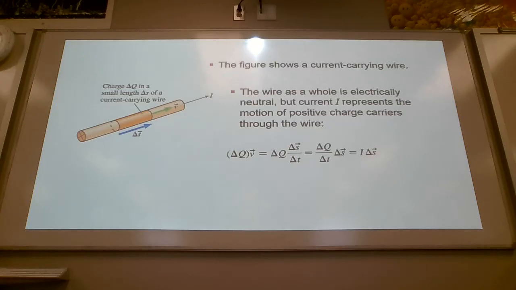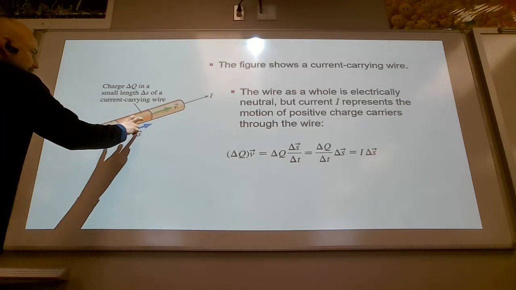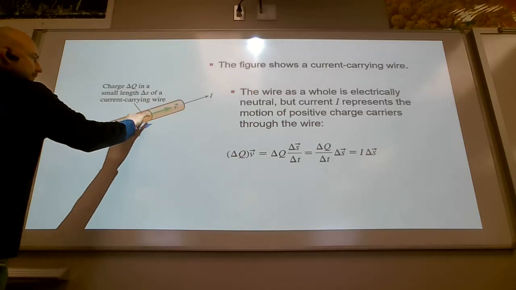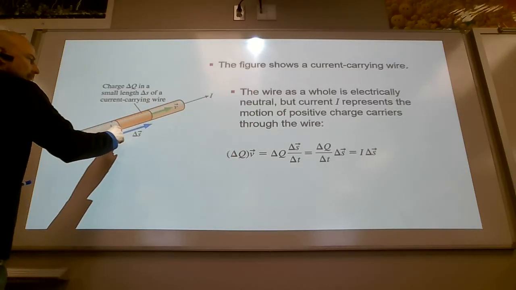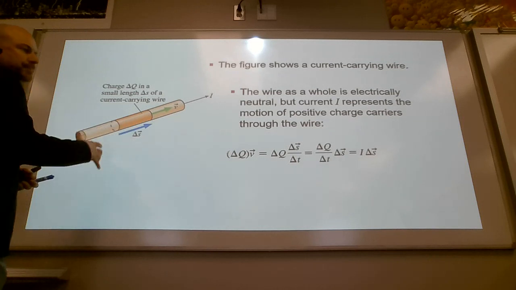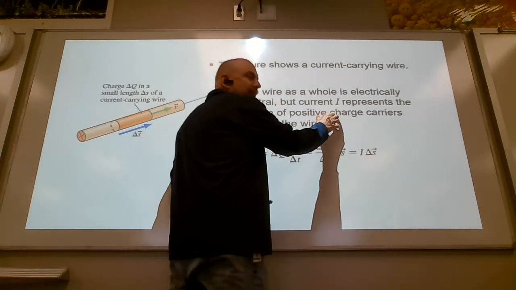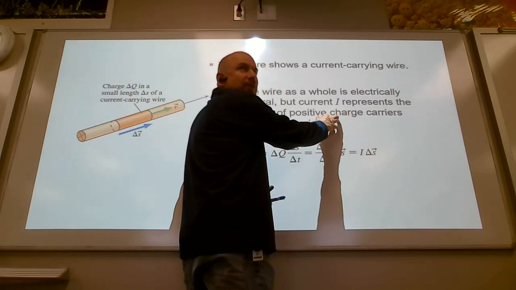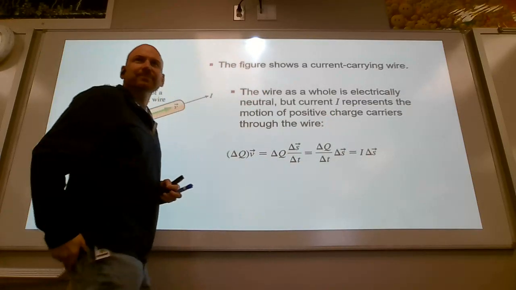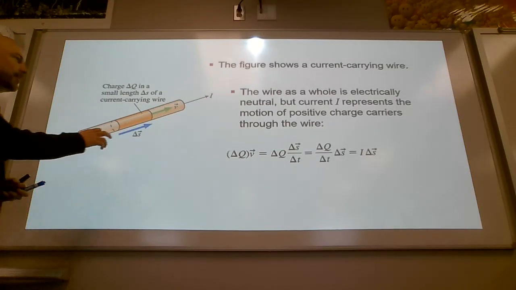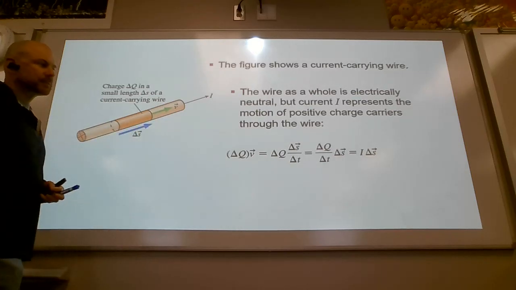You have a drift velocity based upon Ben Franklin's positive charge carriers, that's the pretend thing that's flowing through, that Ben Franklin thought and we just have stuck with, moves a certain distance.